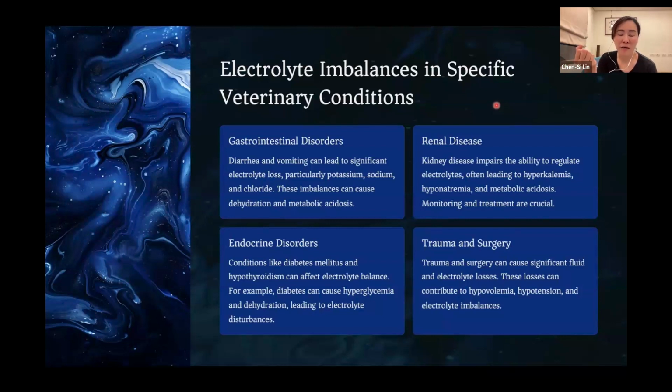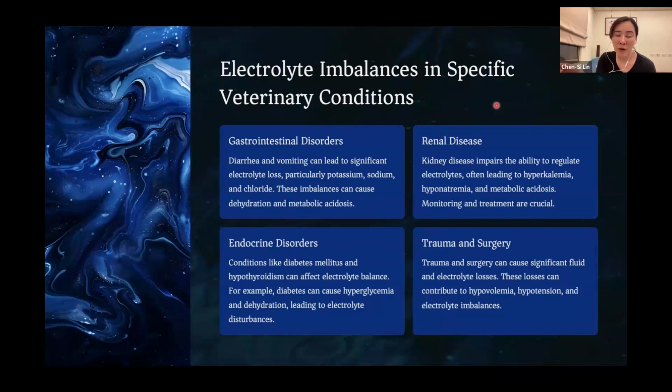So with either metabolic acidosis or alkalosis, the outcome will not be good if these animals are not properly treated.